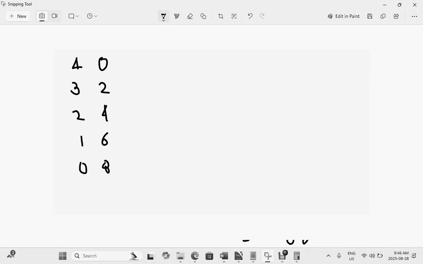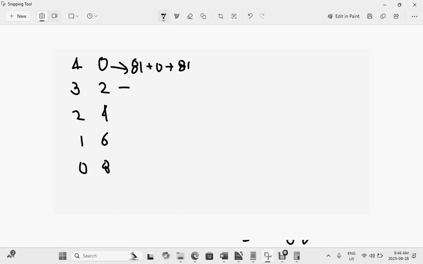Now we'll figure out the total utility. So at 4 units, you have 4 units of good A. You have a total of 81 utils. And this is 0 units, so this will be plus 0. So altogether, this will be 81.